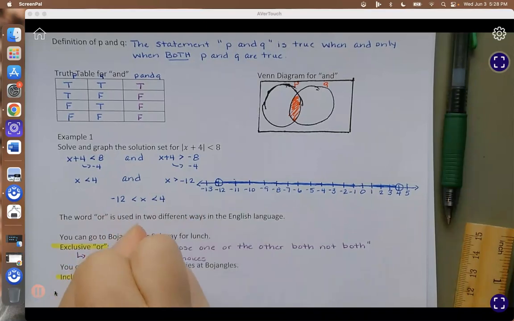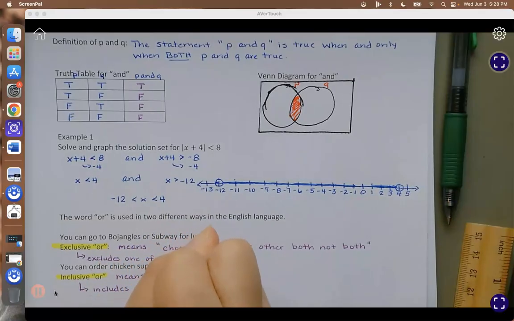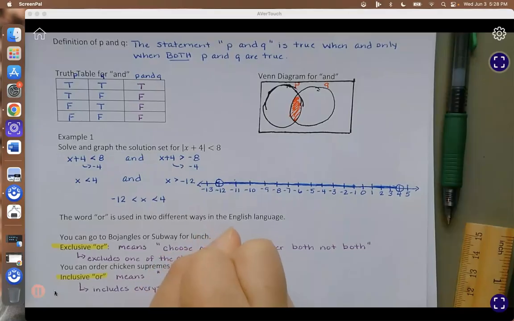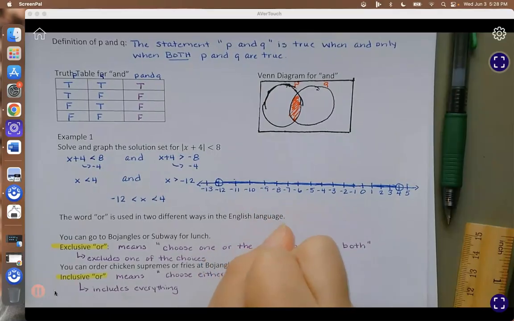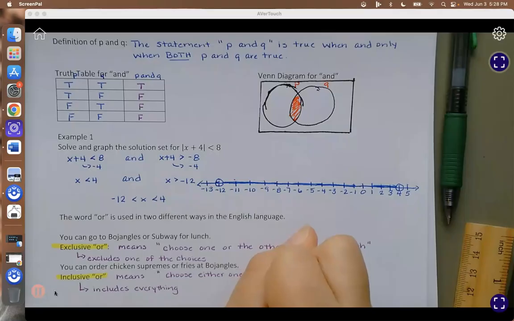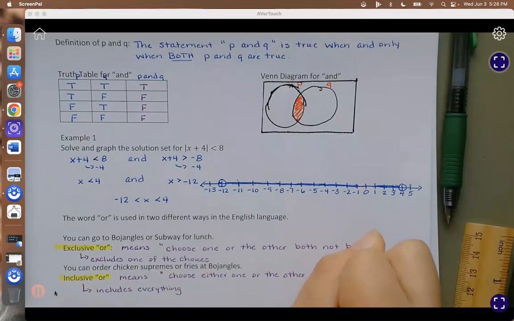It means choose either one or the other, or both.